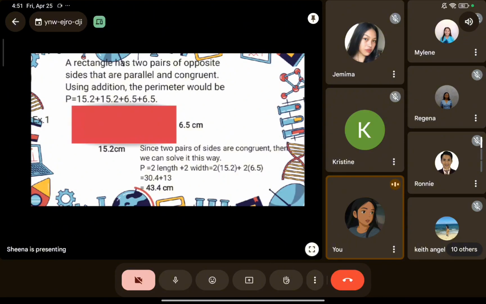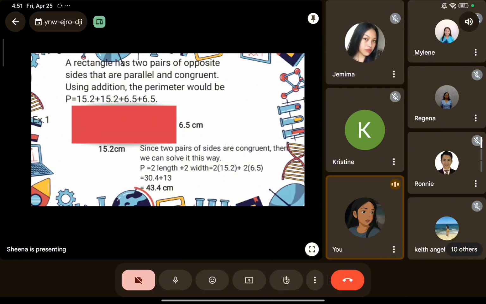So, using addition, our perimeter would be, perimeter is equals to, our length is 15.2 plus 15.2. The one on top, even if it is not given, is the same number as the one at the bottom, 15.2 cm. Then plus the sides with width 6.5 cm.